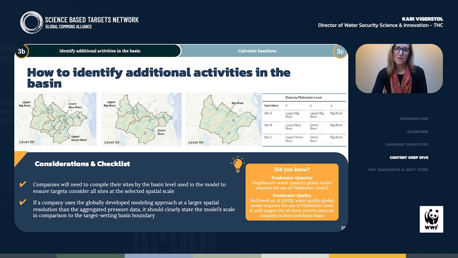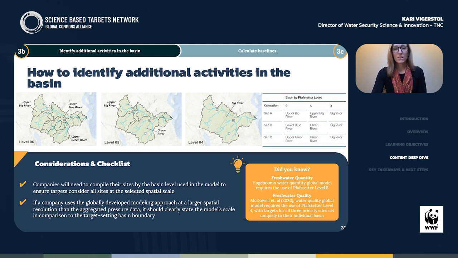For global models, for freshwater quantity, the Hodge-Booms model requires the use of Freshwater level 5. For freshwater quality, the McDowell et al. Global model requires the use of a Freshwater level 4.